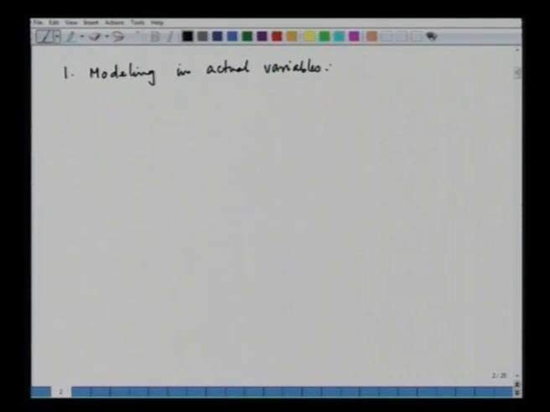And if we simulate an induction machine in DQ variables, the simulation will be simpler than that of the actual variable simulation. So the first is modeling in actual variables, that is in ABC variables, and the second one is modeling in DQ variables.